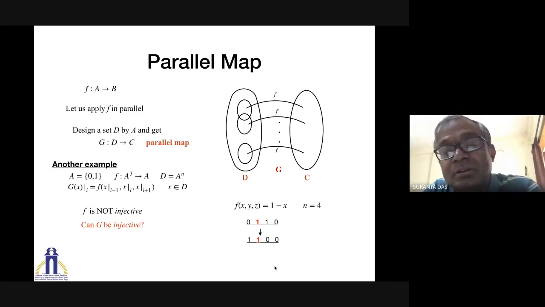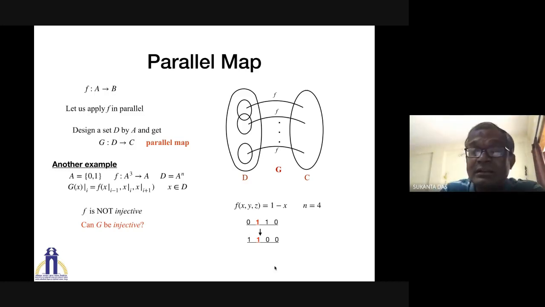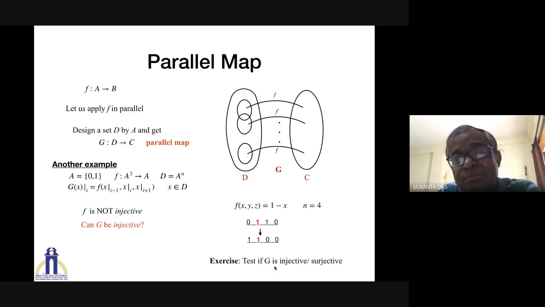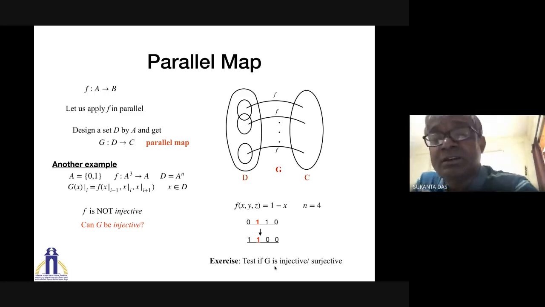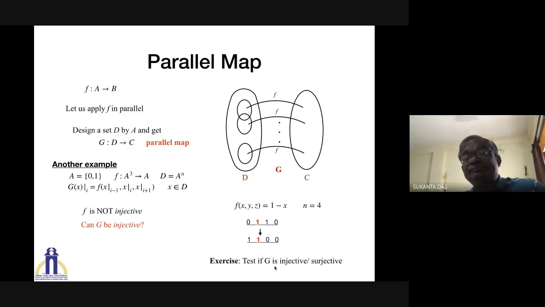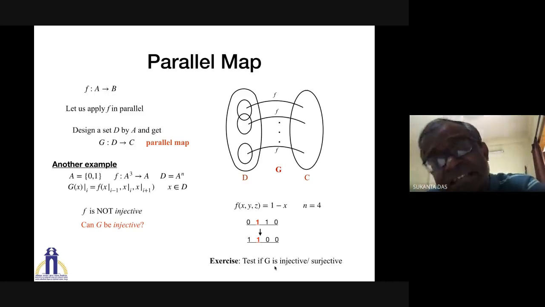We call this G the parallel map. I think the reasoning is obvious. Now let me ask this question: is this G injective? You please test. So how can I find this?